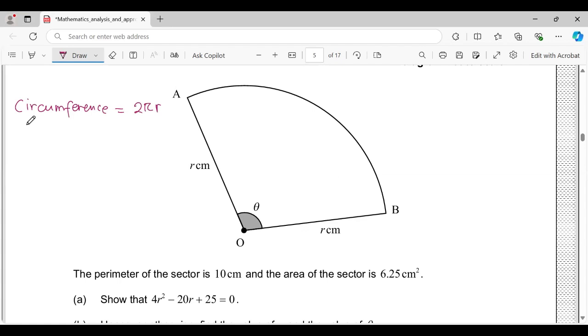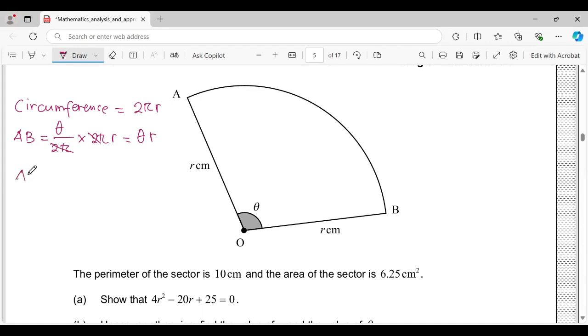And AB, to find AB, AB is theta, this angle, theta over, supposed to be 360, but if in radians, we have to write 2 pi. So theta over 2 pi times circumference, 2 pi r. So it is theta r.